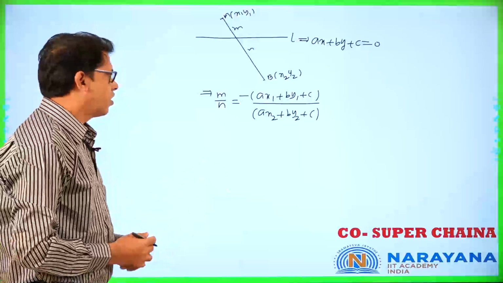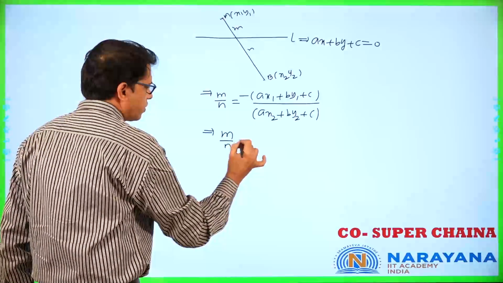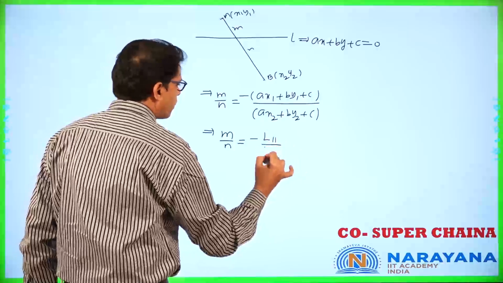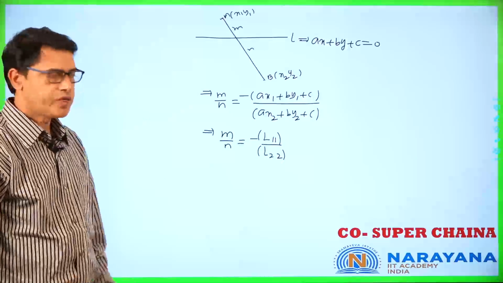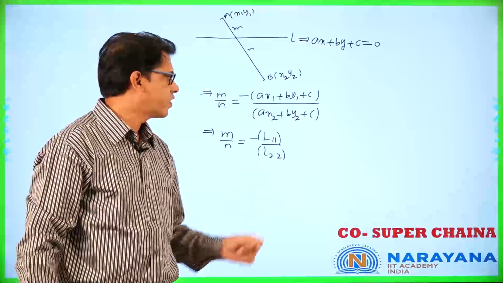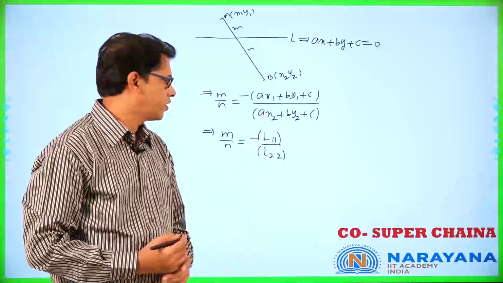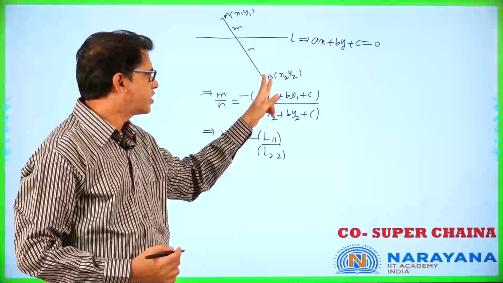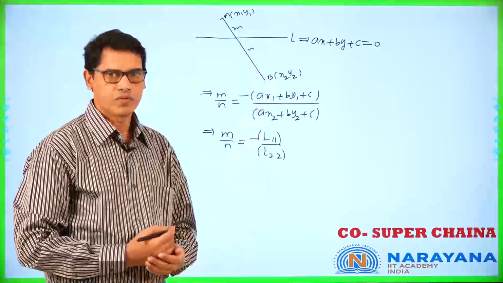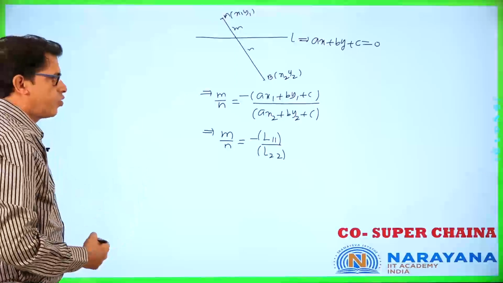Now, for our convenience I denote this as minus L11 upon L22 notation. L11 means ax1 plus by1 plus c. L22 means ax2 plus by2 plus c, that is, replacing the first point in the line gives L11, replacing the second point in the line gives L22. Okay. Now look at the diagram.